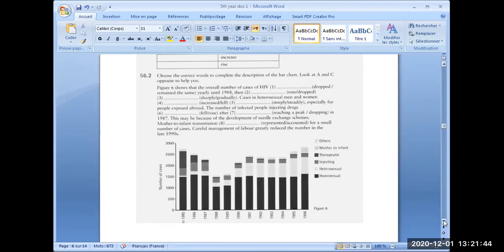Yes, when we make interpretation of graphs and charts, we need really to use adverbs to make a clear description of your data. So as you can see, we met the word gradually, steadily. What else? Gradually, steadily, sharply.